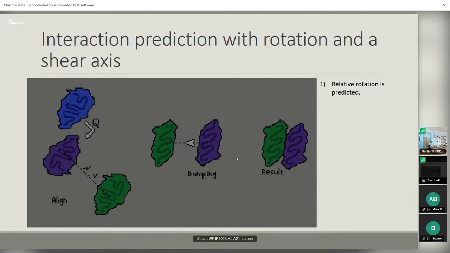Then we have to predict the shear axis, basically the bonding direction vector which connects the centers of both molecules. And then, the last step, we have to get the distance between these molecules. We call it the bumping operation. And then we will have our complex structure.